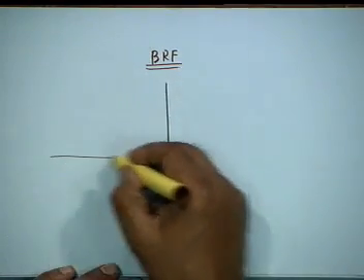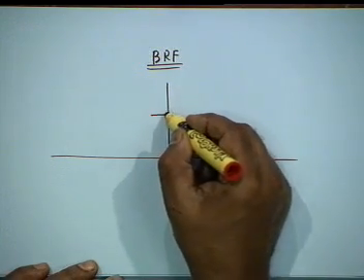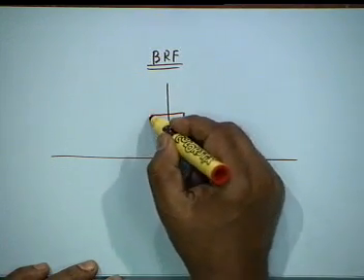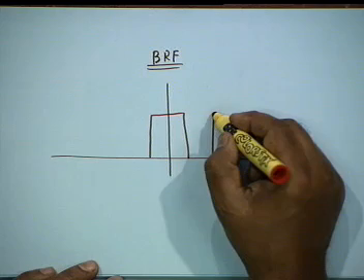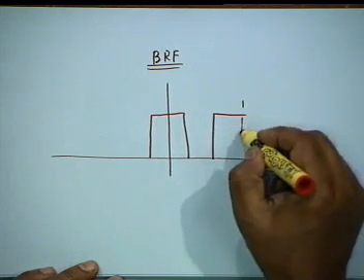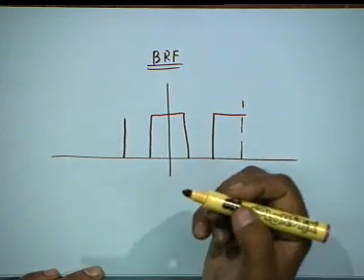Once again you have to plot the response very carefully. Now you shall have a pass band here and a pass band here, band reject.